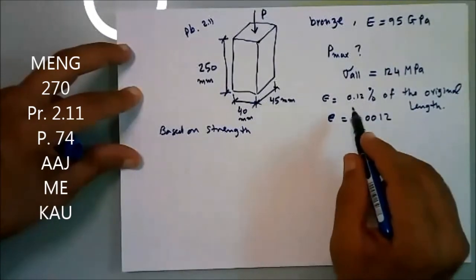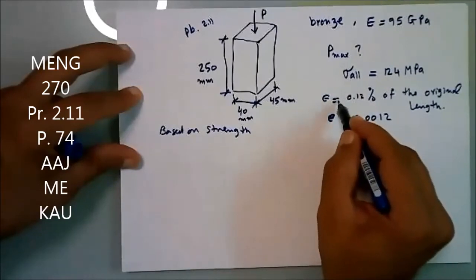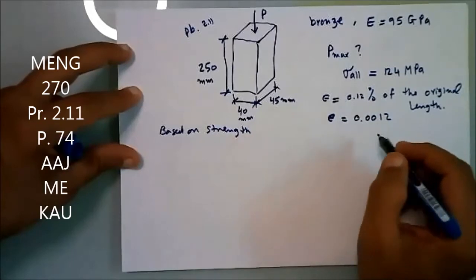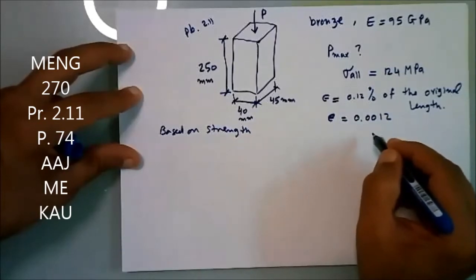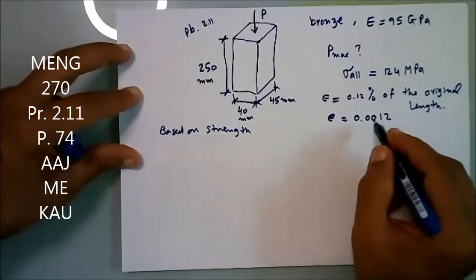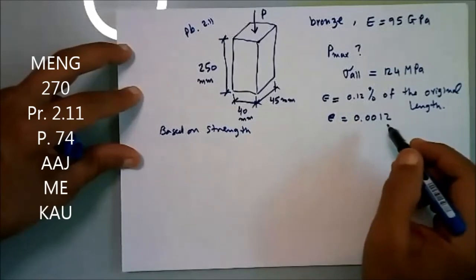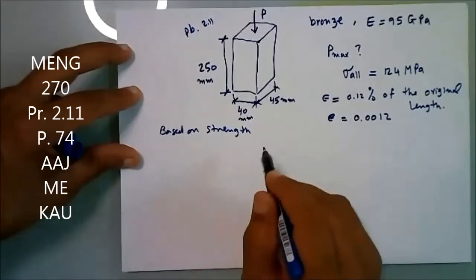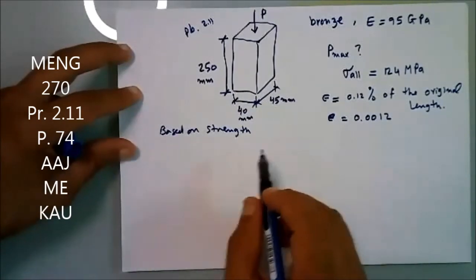Later on, if you want to transfer this into deformation, yes, but he's not giving this as a deformation. He's not saying delta is 1 millimeter. He's giving this as a percentage. So either one, no need to differentiate. We will see how you solve this.